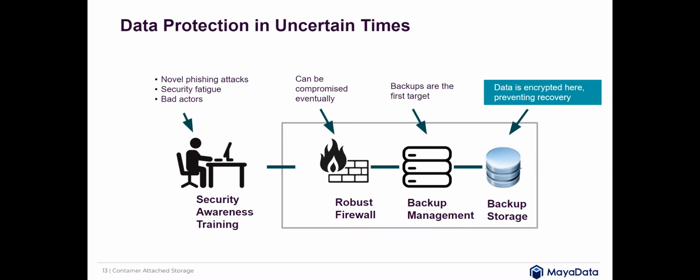right? You obviously have a lot of phishing attacks and different malicious activities happening in terms of how the data is being attacked. But one big thing is ransomware, where malicious actors get hold of your data and encrypt it so that they can prevent the recovery of this data.